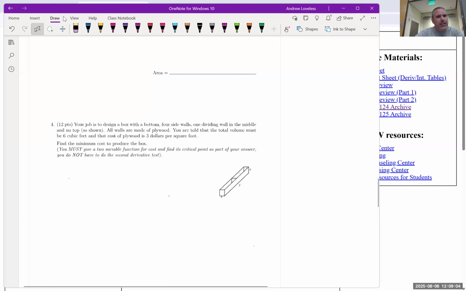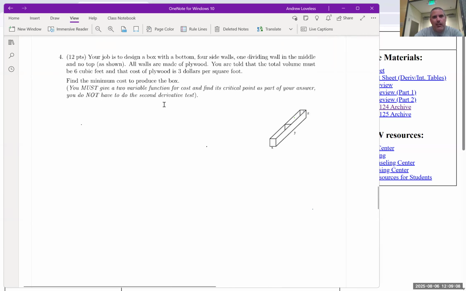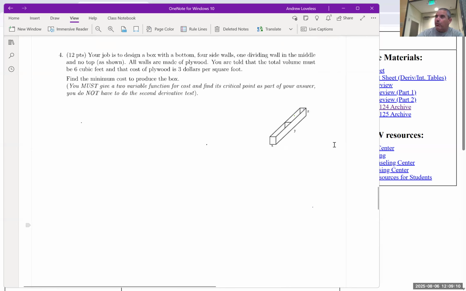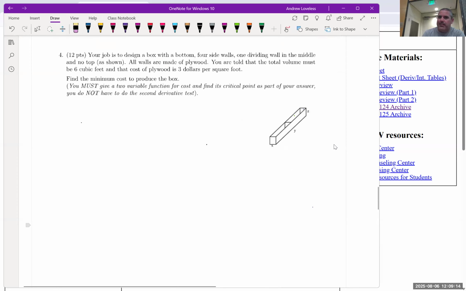I think this term I didn't have a problem that had minimum cost, so if I asked this question, I would just change a couple words. I would probably say minimize the surface area. It doesn't change very much here.